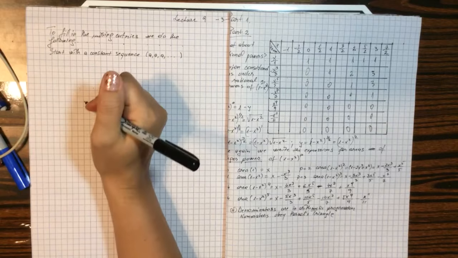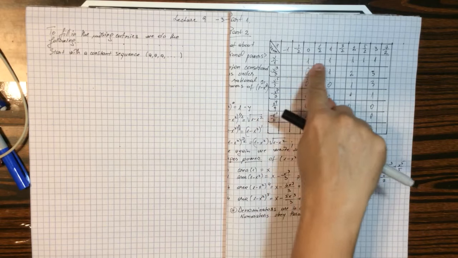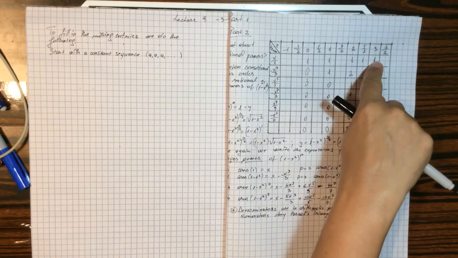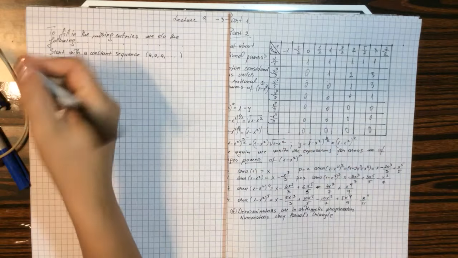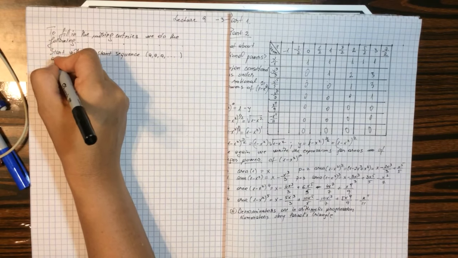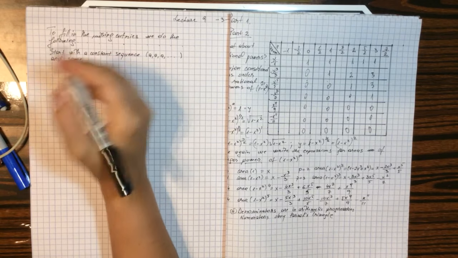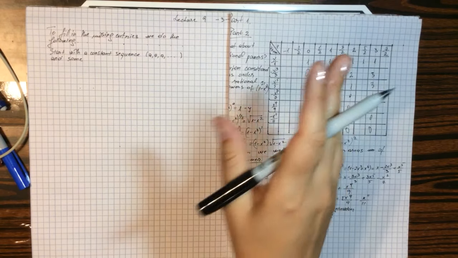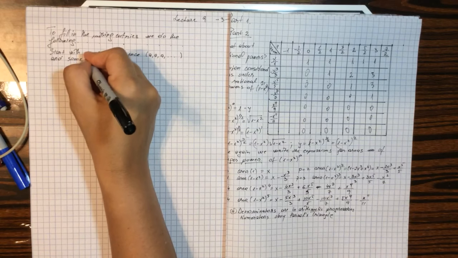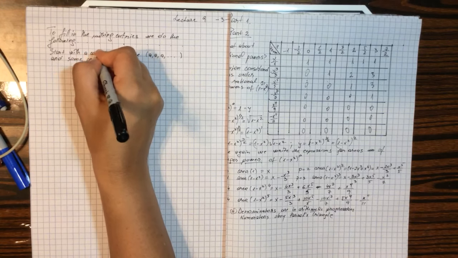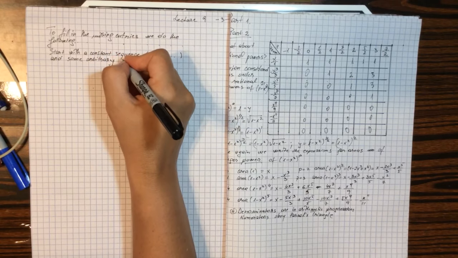I'll start with some constant sequence of entries, and then some arbitrary left-hand column, not row but column.